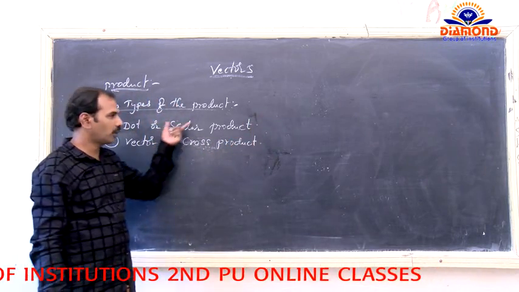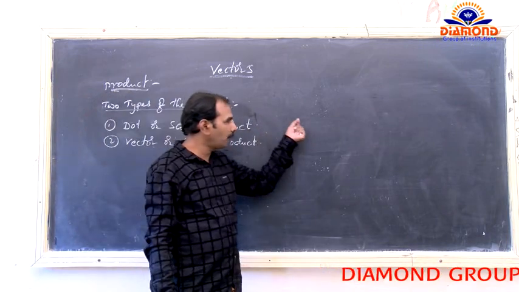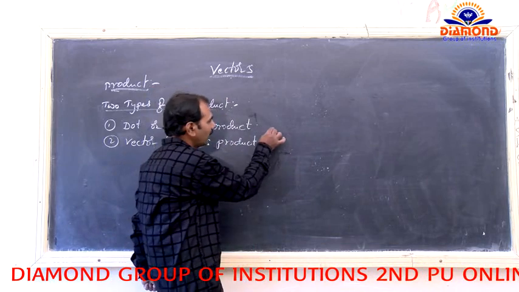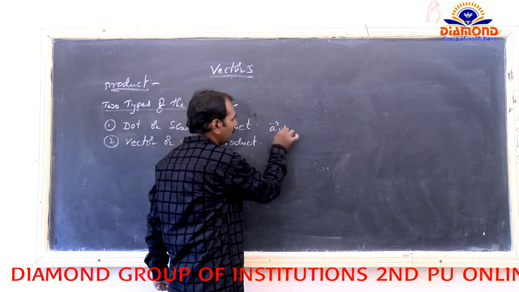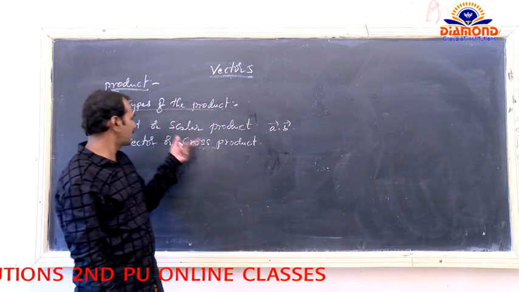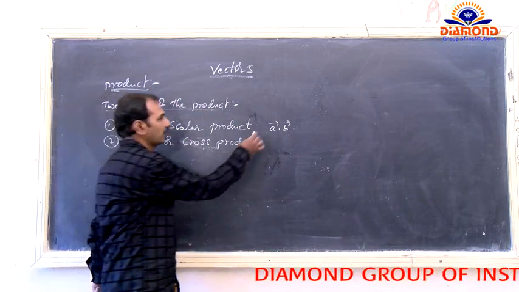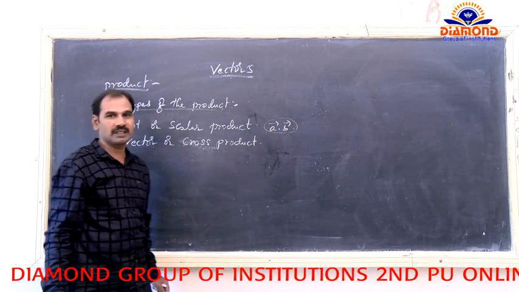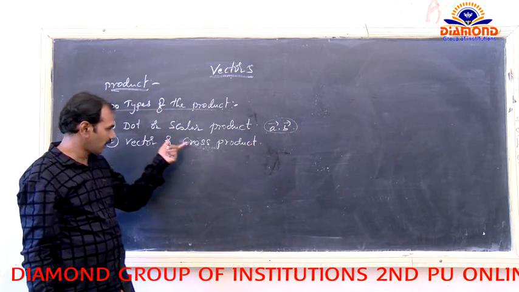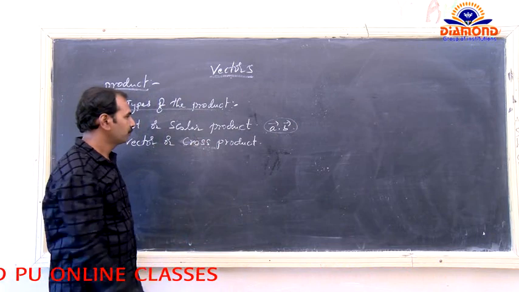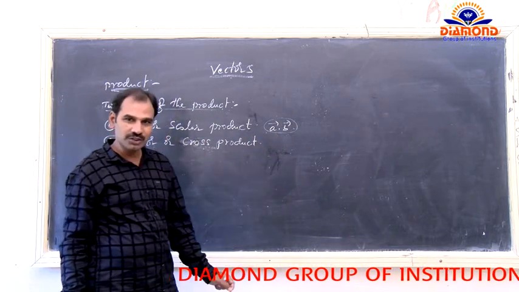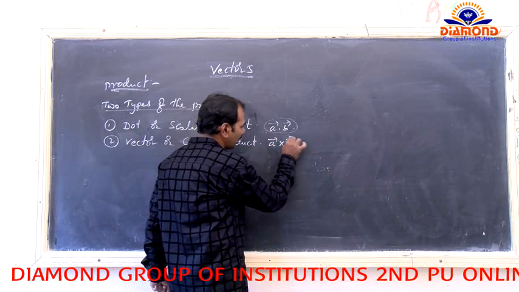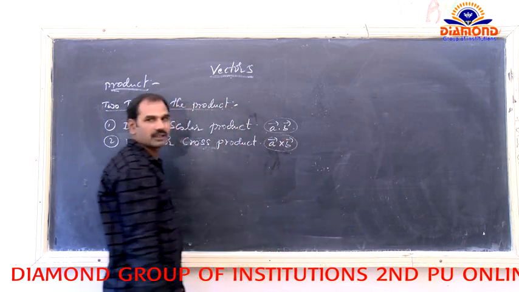Dot product means A and B are two non-zero vectors, then A dot B is denoted as the scalar product or dot product of the two vectors. Next, vector cross product means A and B are two non-zero vectors, then A cross B is called the cross product.